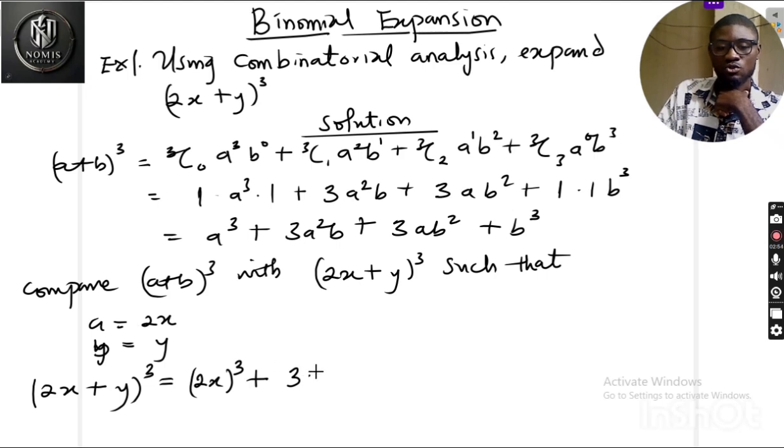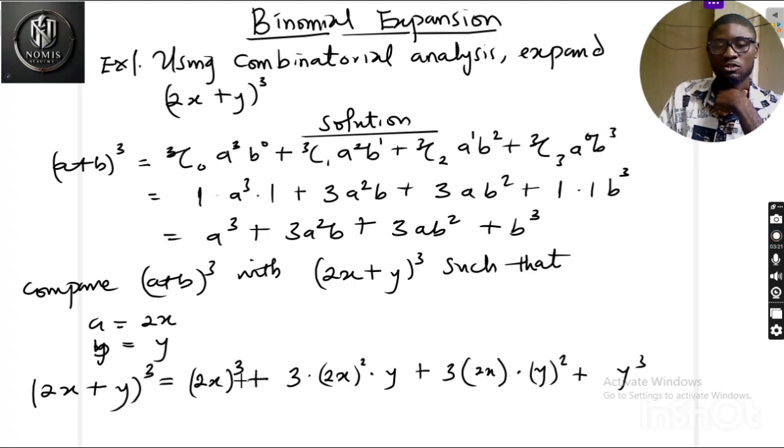Our a is 2x, so (2x) raised to power of 2 multiplied by our b, which is y, plus 3 open bracket, our a is 2x multiplied by our b is y squared, plus b raised to power of 3. B is equal to y, so y is raised to power of 3.